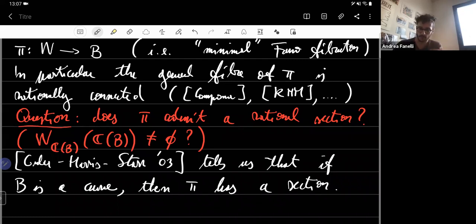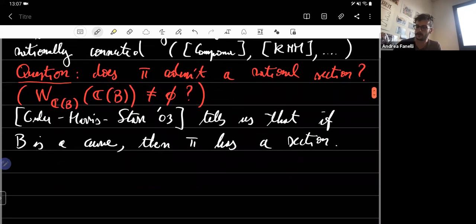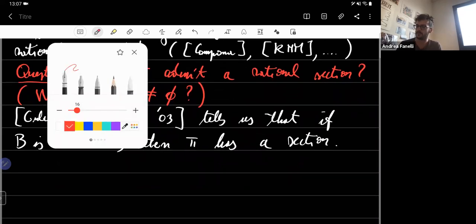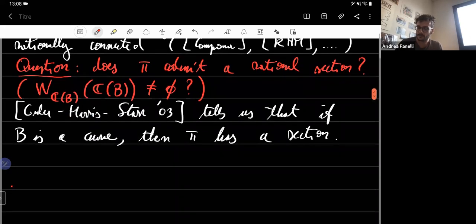Of course, when you run the MMP, you have no control on the dimension of the base. So you can ask the same question if the base of this fibration is, say, a surface, but you immediately realize that there are plenty of examples of Fano fibrations over surfaces which have no rational section.